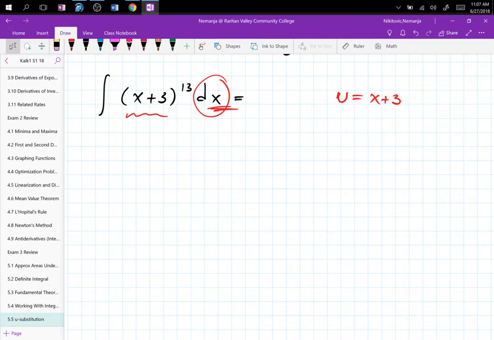That makes no sense. All of the variables have to be the same. So your job now, once you switched this part into u, is that you also have to switch the dx part into du. And you achieve that by simply differentiating your u substitution.